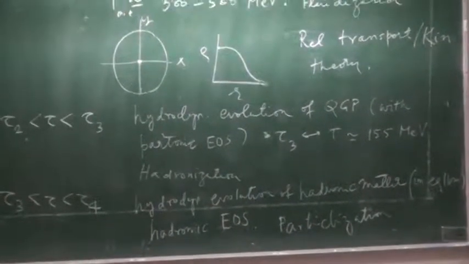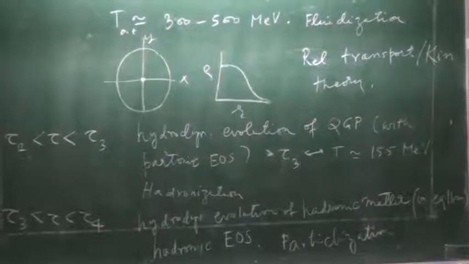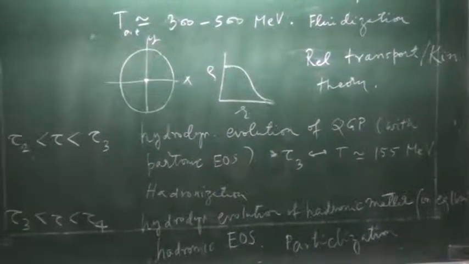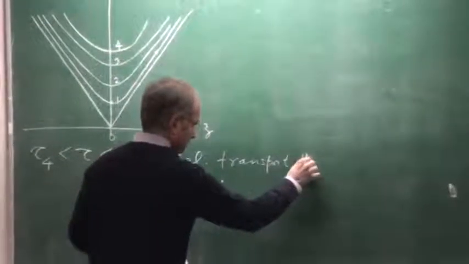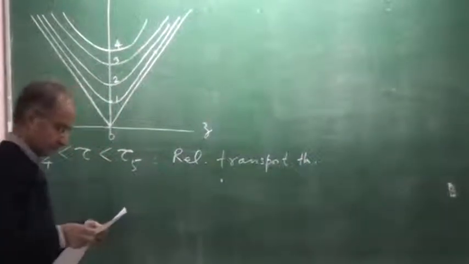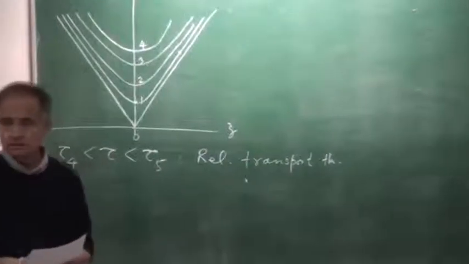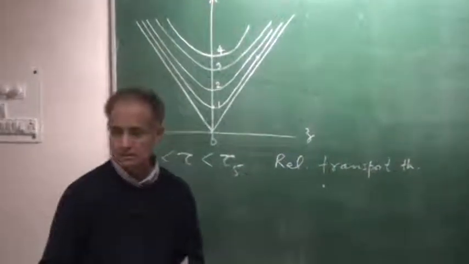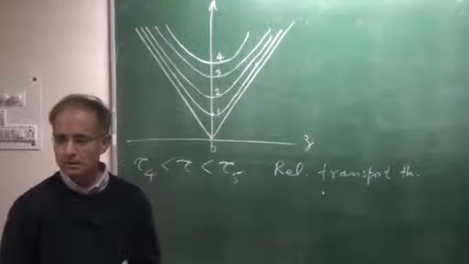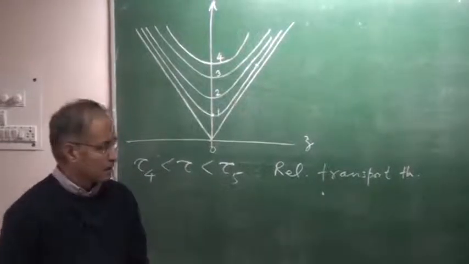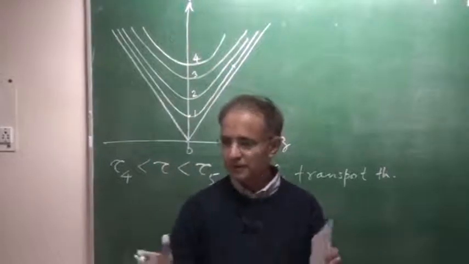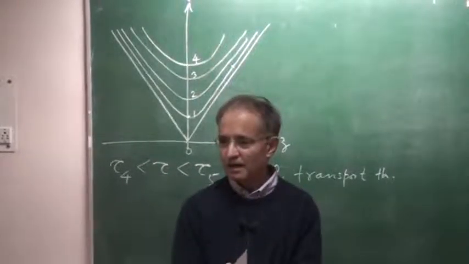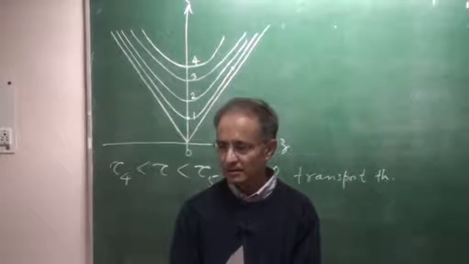Now once again you can use transport theory here, relativistic transport theory. The system is then rapidly cooling. What is driving this cooling? The whole thing is expanding because there is a high pressure, high energy density region in this fireball, so it expands.